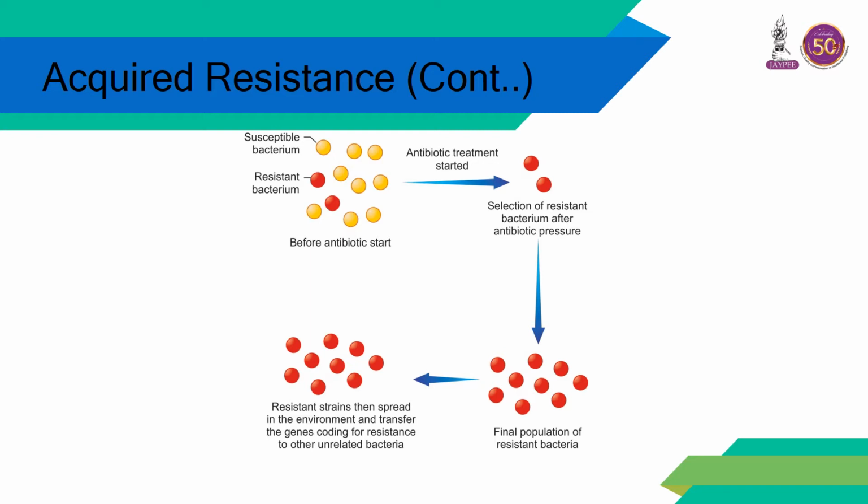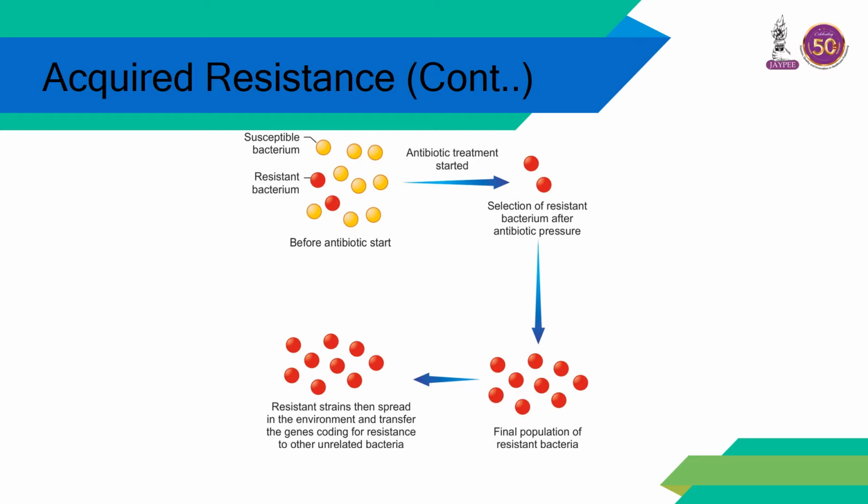This was the picture before the antibiotic started, where resistant bacteria were very few and susceptible bacteria, that is, the bacteria on which the drug was effective, were huge in amount. But once we start the antibiotic, these resistant bacteria start flourishing, and in the end you can see all the bacteria are red in color. That is, all the bacteria have turned resistant.